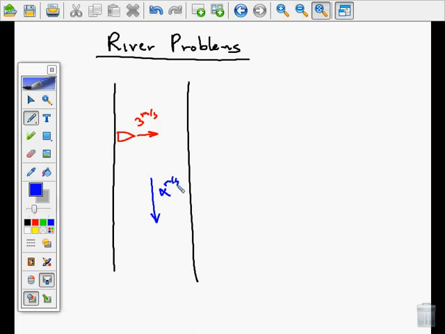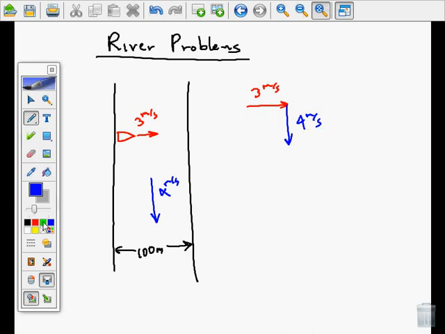And let's say they tell you that the river is 100 meters wide. Of course, you could be asked to find the resultant velocity. And if you were asked to find the resultant velocity, you would take the two velocity vectors and put them head to tail. 3 meters per second, and then 4 meters per second.